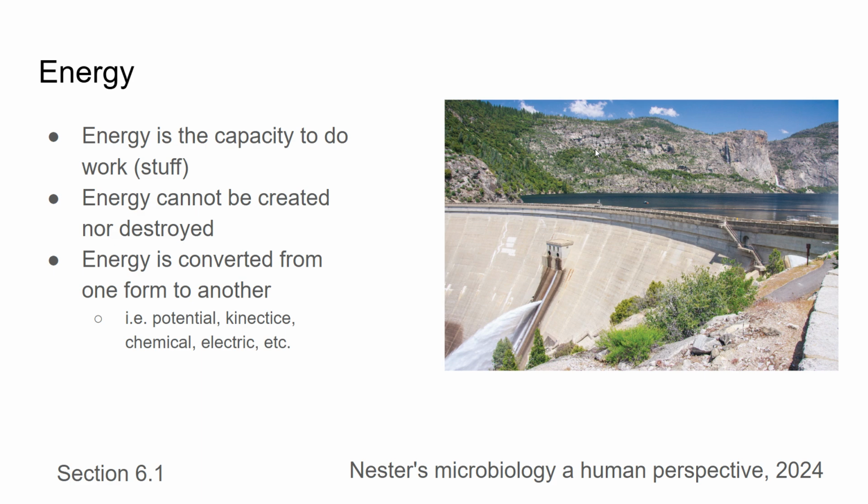Another type of energy we see here is sunlight, and sunlight is where most energy on Earth comes from. As a matter of fact, this water could not have gotten up above the dam unless the water had evaporated due to sunlight exciting the water molecules, and eventually it would have rained upstream, and that would be how the dam gets filled.